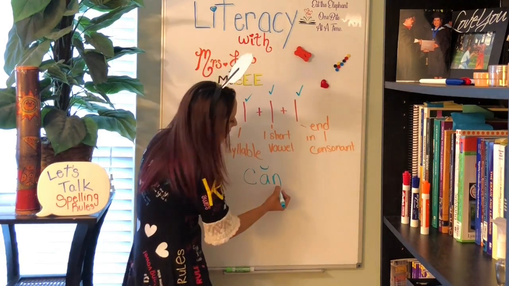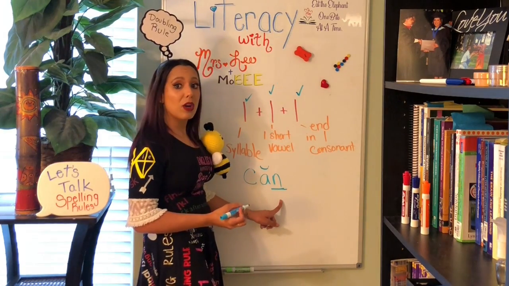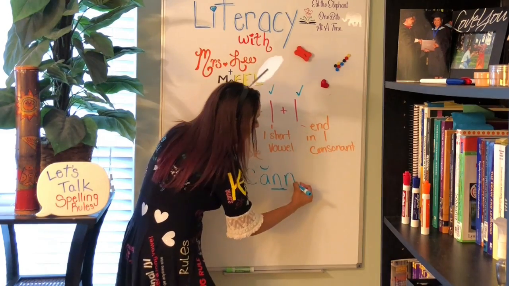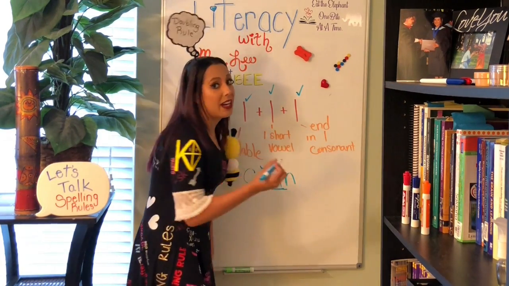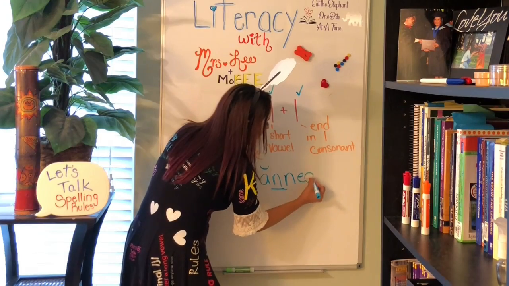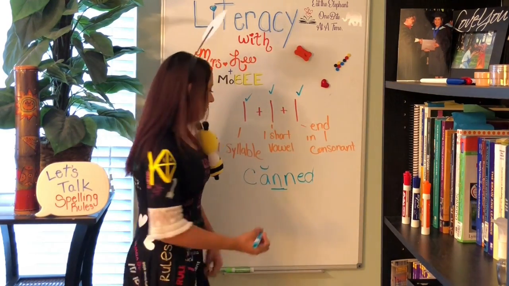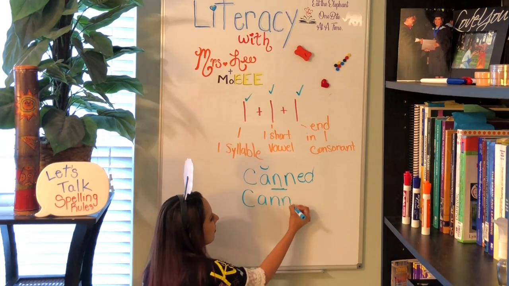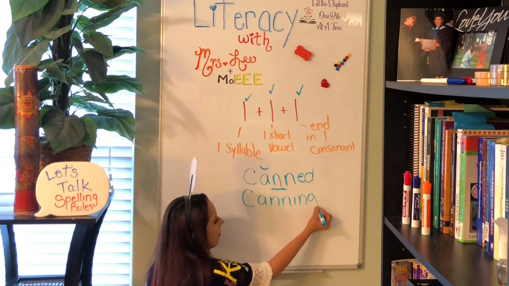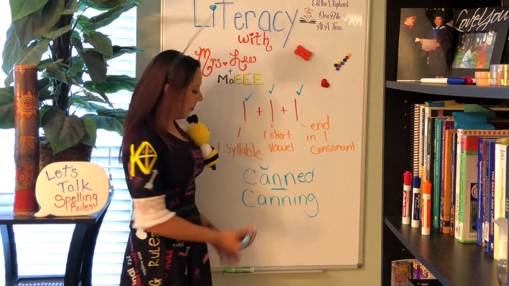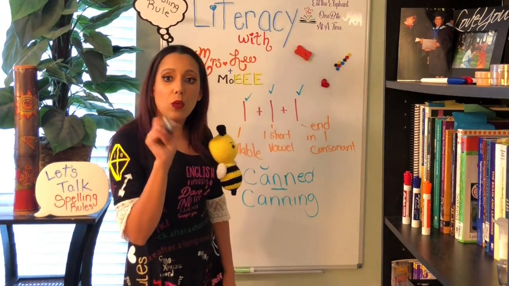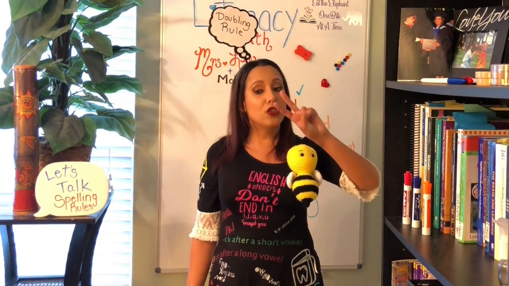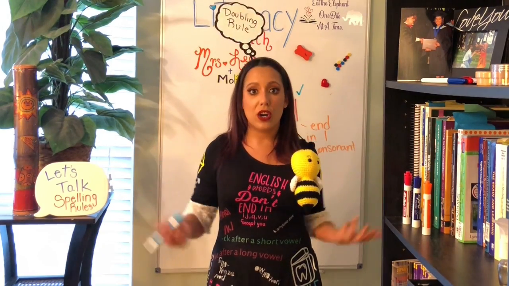That tells you that the final consonant has to double when you add ed or ing. Canned. Canning. So remember one: in a one syllable word, one short vowel and ends in one consonant.